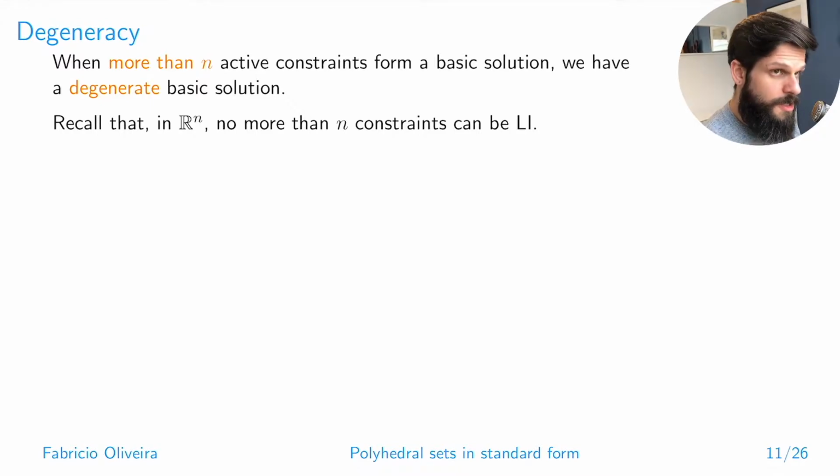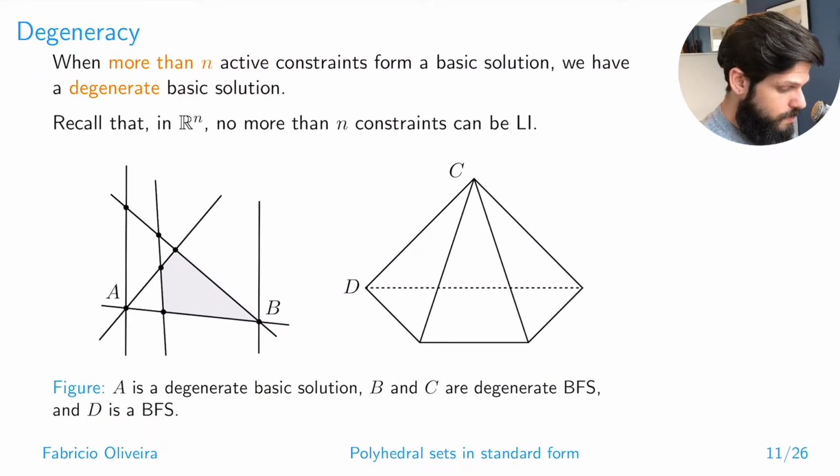And degeneracy is exactly that. Say, like in this case on the left, this is a problem in R2, and while these are all regular basic solutions, these are even basic feasible solutions, this point here is a troublemaker, because it has 1, 2, 3 constraints forming it in R2.